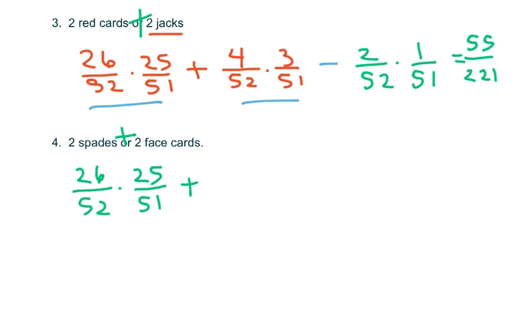Now, how many face cards do we have? 12 face cards, because there's 3 face cards per suit. Remember, a face card is a king, queen, and jack. So that's going to be 12 over 52 times 11 over 51.